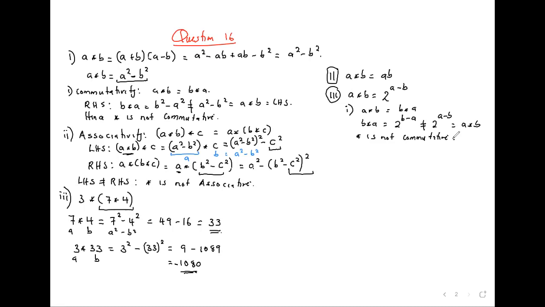The only time minus will survive into commutativity is when you have something like this, where the minus is being neutralized by the square. If it is standing alone like a minus b as a power, because a minus b as a power is the same as 2 to the power a over 2 to the power b, but this is different from 2 to the power b over 2 to the power a.